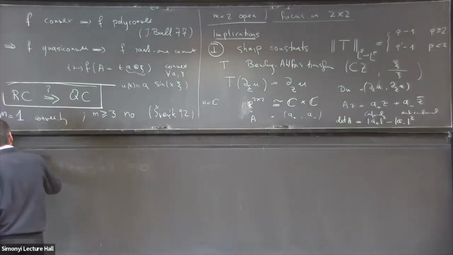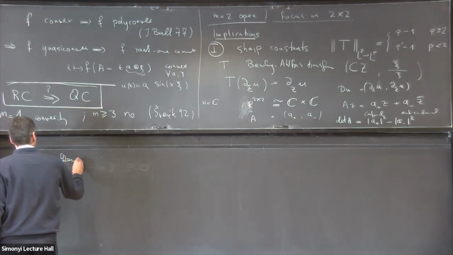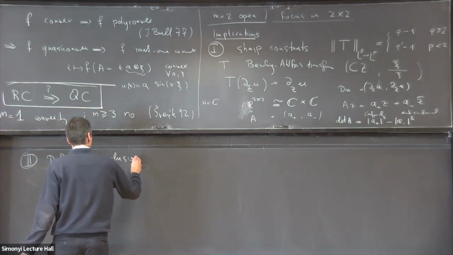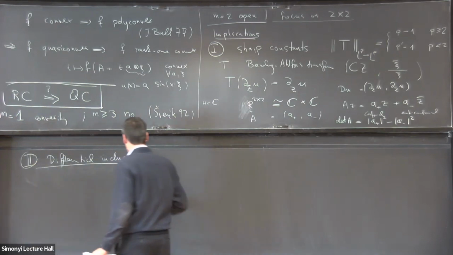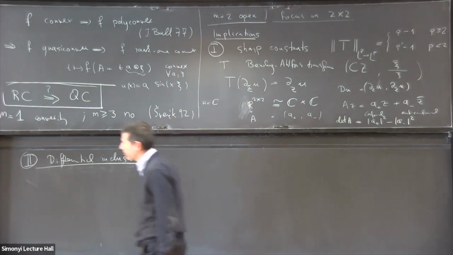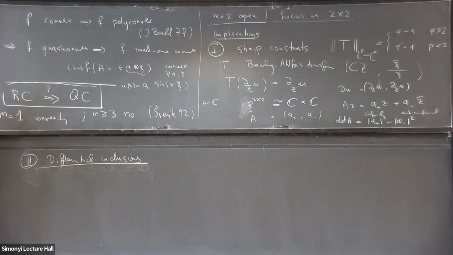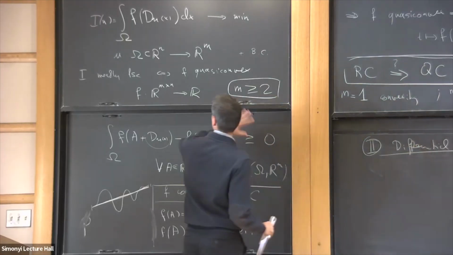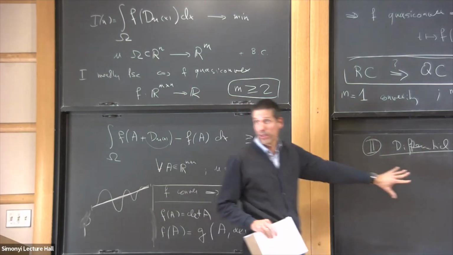It's not calculus of variations, but differential inclusions. Here it's not really an application of what this would imply, but it's something that's very much related to Morrey's conjecture and where we can say more.